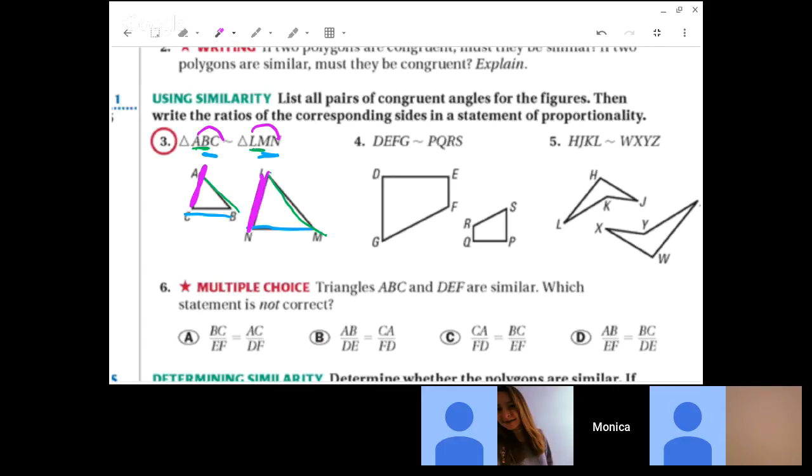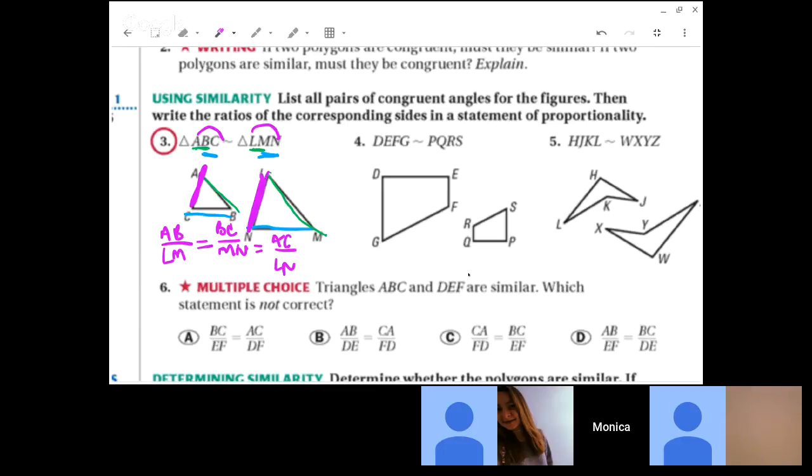So you'll have all three of those set up. It'll look something like AB over LM is equal to BC over MN is equal to AC over LN.